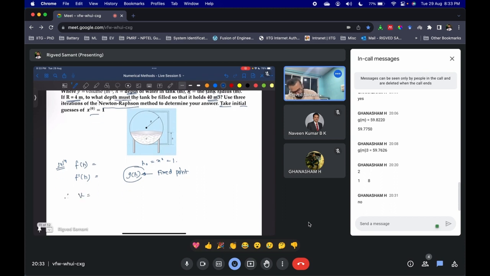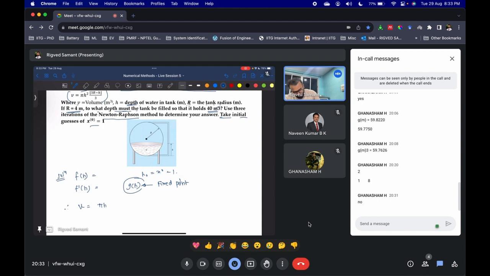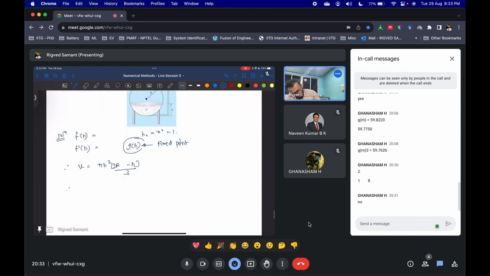V is equal to pi h square, 3r minus h, I'll write it first. So from here what you get is 3 pi r h square divided by 3 minus pi h cube divided by 3.